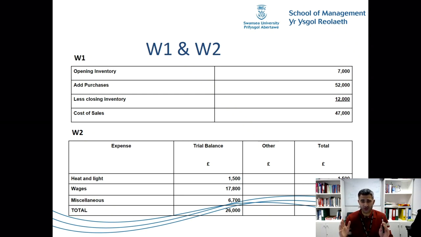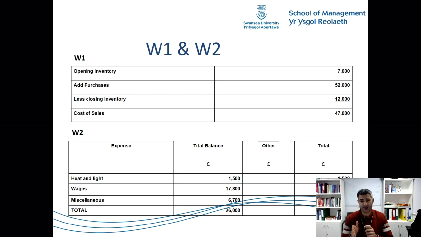So once you've got cost of sales, working one is ready. Let's move to working two. In working two, you need to calculate the expenses. If you see the question, we've got 3 expenses available, which are heat and light, wages, and miscellaneous.